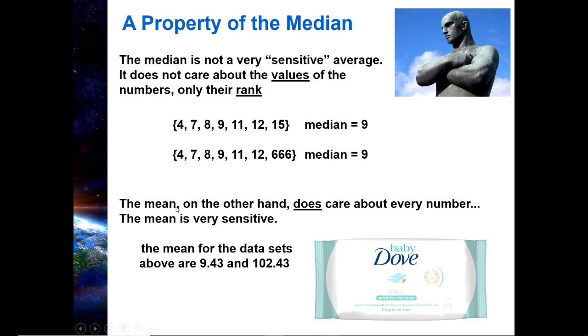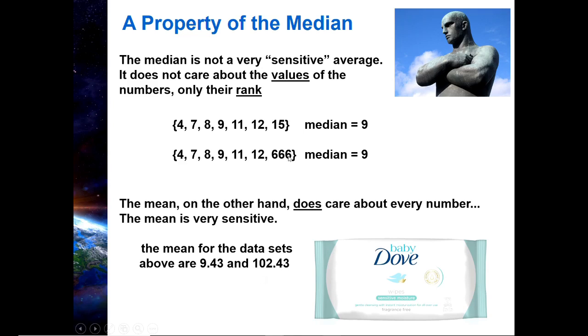Let's compare that to the mean, because the mean does care about every single number, right? If you calculated the mean for this data set, you would get 9.43, okay? If you calculate the mean for this data set, all of a sudden, look what happens, 102.43.